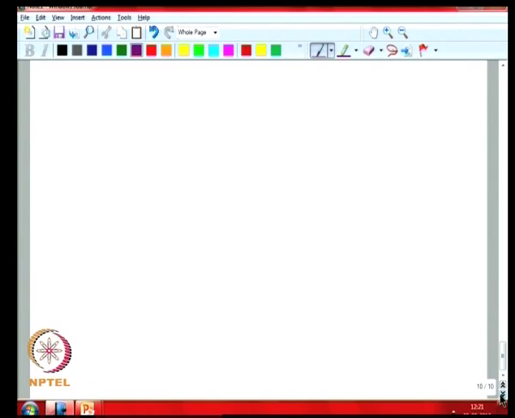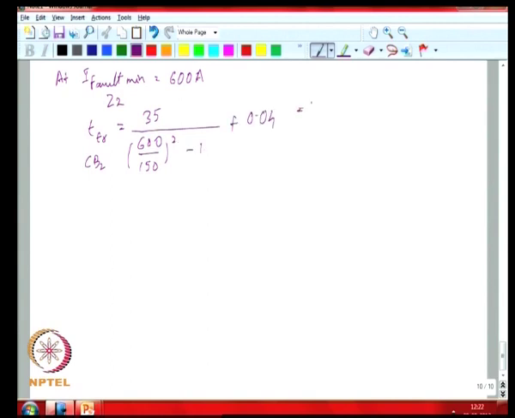So, if you look at the current level of 600 amps, your trip time of the breaker, so you know your trip time at now your reduced current level at the minimum current level.